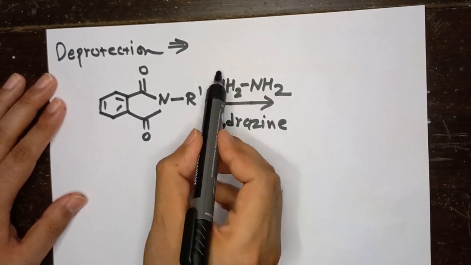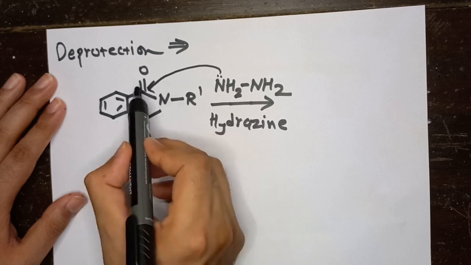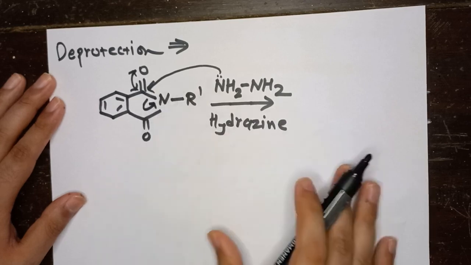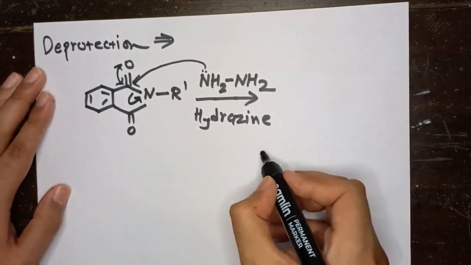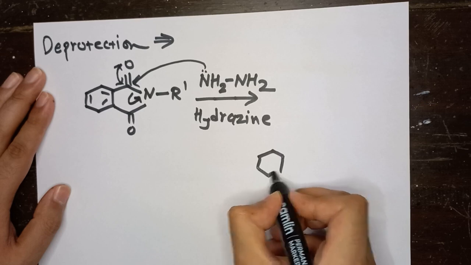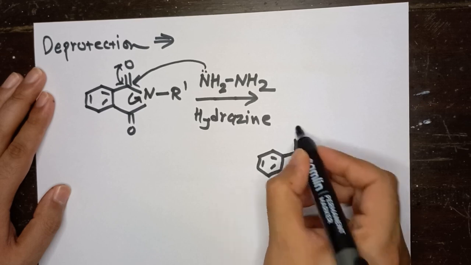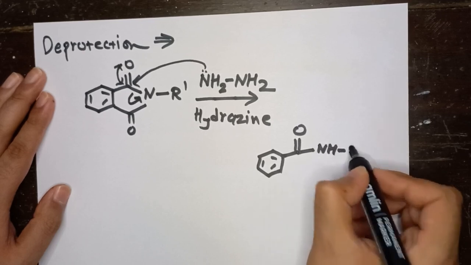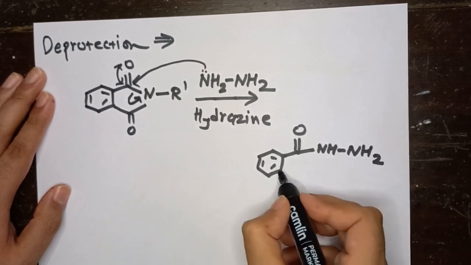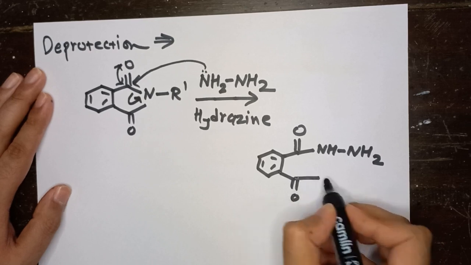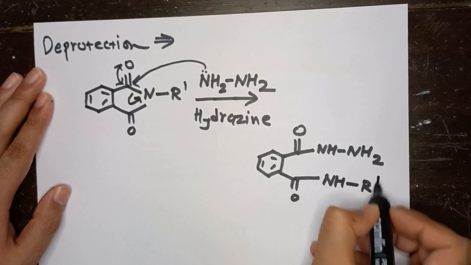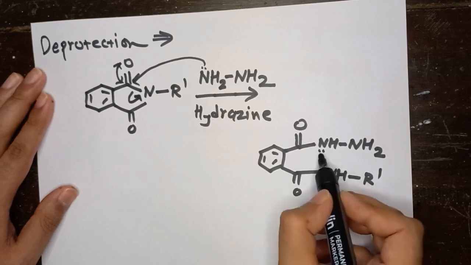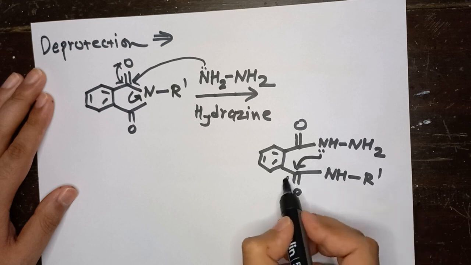This nitrogen lone pair will attack at this carbonyl, and through conjugation with oxygen, this nitrogen-carbon bond is going to break, and you will generate C double bond O. Now this is bonded with this nitrogen, NH2, C double bond O, NH R1. Now this nitrogen will attack at this carbonyl.